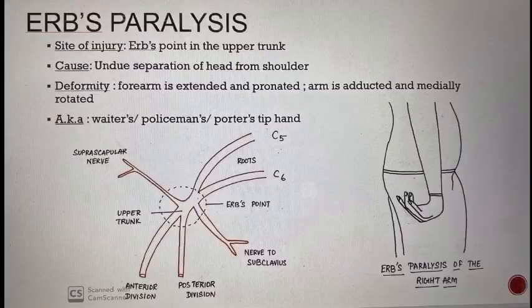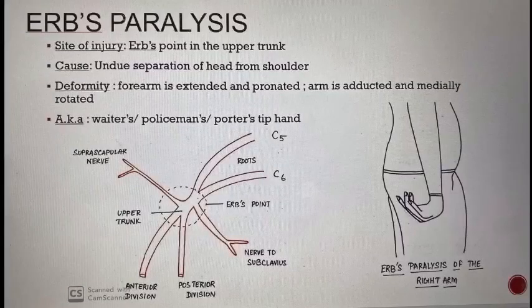Erb's paralysis. Erb's paralysis occurs due to an injury in the brachial plexus in the upper trunk at a point called the Erb's point. The Erb's point is the point where 6 nerves meet: the C5, C6 roots, the nerve to subclavius and the suprascapular nerve from the trunks, and the anterior and the posterior divisions of the upper trunk.